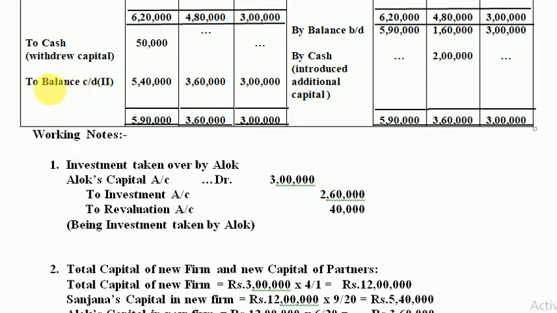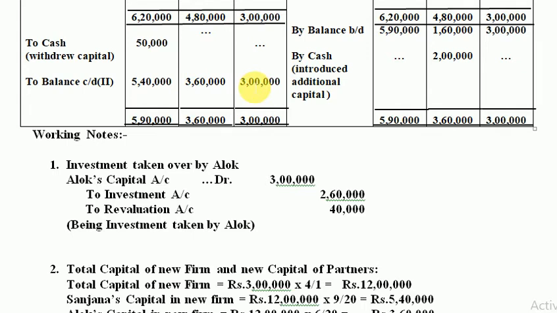To balance CD. What you're going to do is you're going to leave at least two lines, one, two, or three. One, two will be sufficient, and you can write this new capital here: 540 for Sanjana, 360 for Alok, and for the new partner Nidhi, 3 lakh.